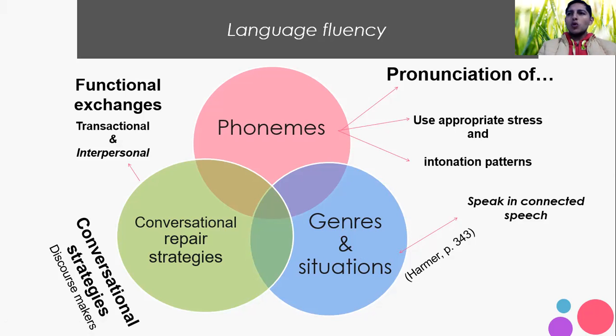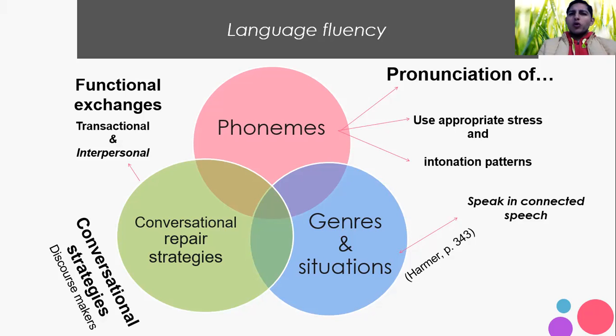And we also think of different situations for producing language, for oral production. Those situations could be genres or specific contexts in which people need to speak in connected speech. Those situations could cover a number of events in real life, in the academic environment, and also for personal purposes.